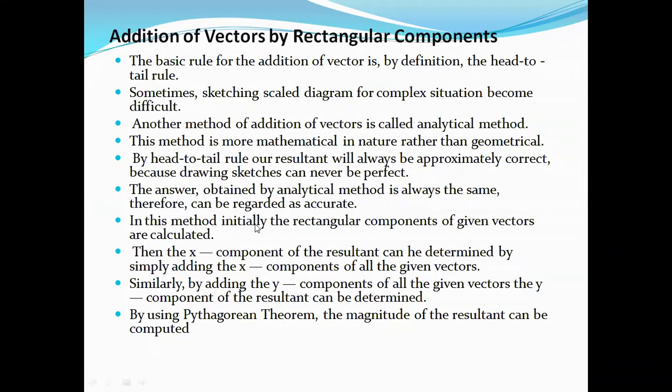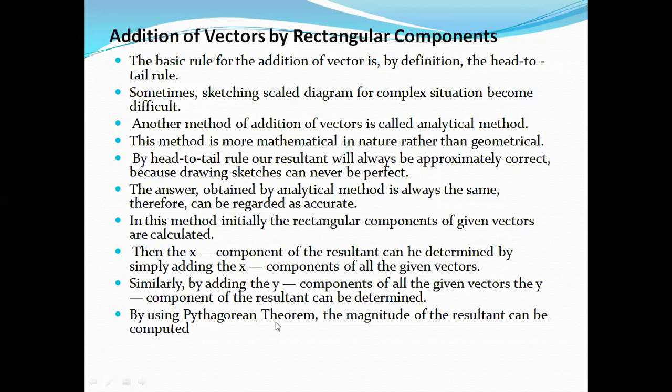In this method, initially the rectangular components of a given vector are calculated, which are along the x-axis and y-axis. Then the x component of the resultant can be determined by simply adding the x components of all the given vectors. Similarly, by adding the y components of all the given vectors, the y component of the resultant can be determined.